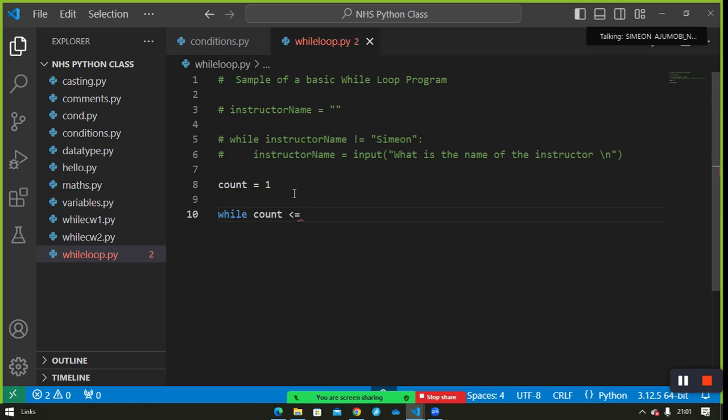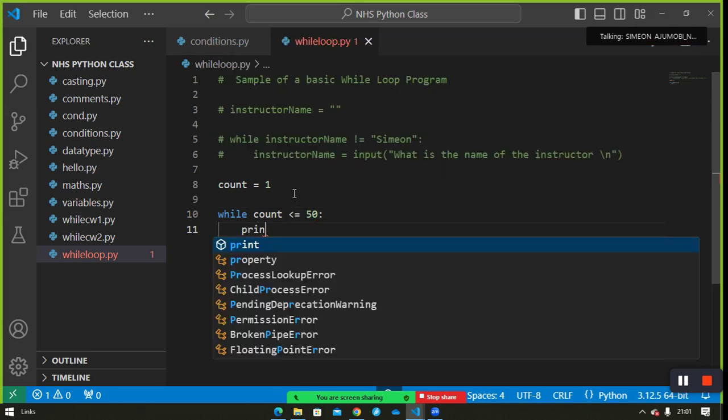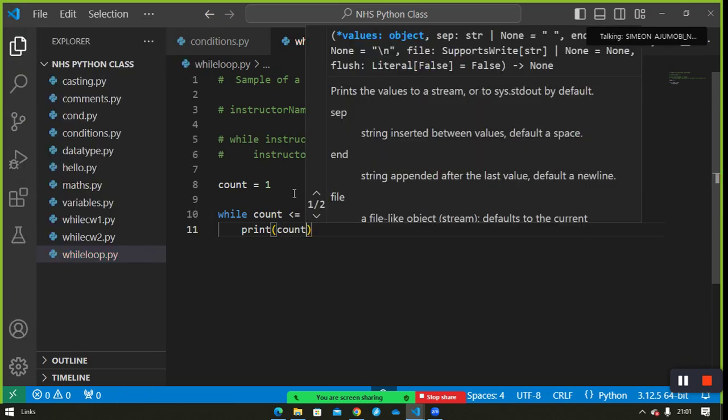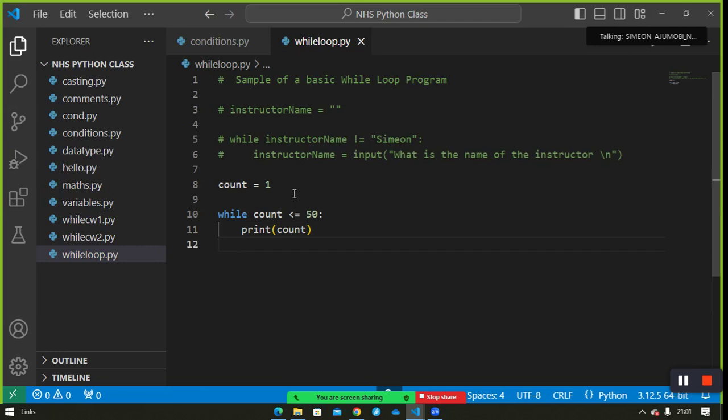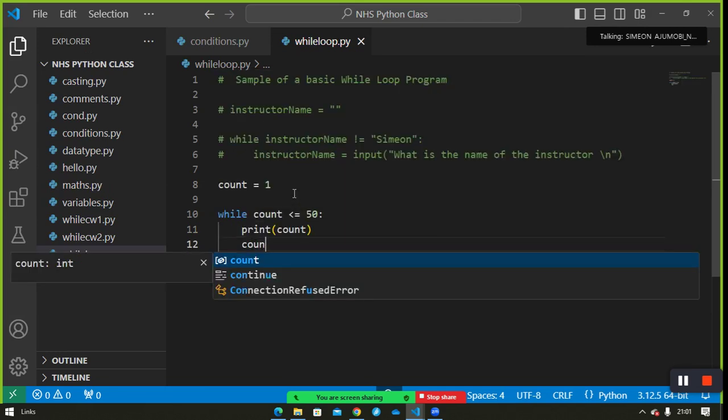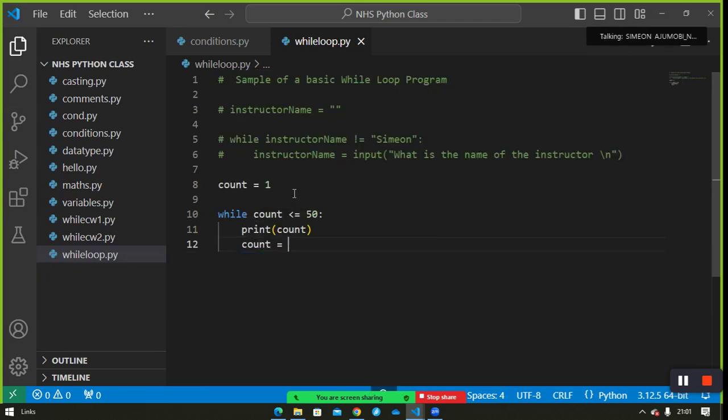You see, while count is less than or equal to 50, then print count. It will print count. Then you have to increment that count by saying count equals count plus 1. That is incrementing that count.